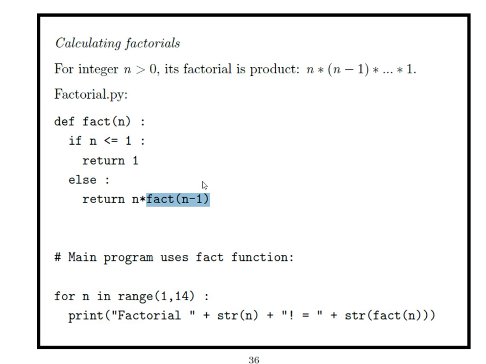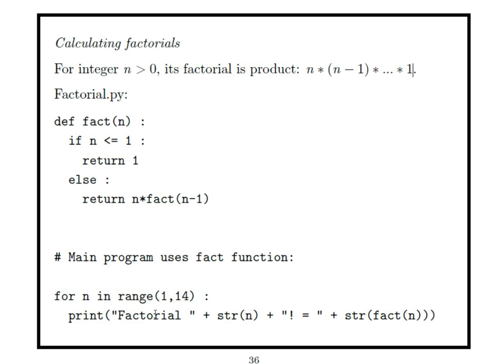So the end result of that is that we compute this product. As I say, there are more efficient ways of computing that product, but this is an illustration to show that you can do recursion like this, function calling itself. Now, the main program then can use that function in the same way that we used the previous example to determine whether a number was negative, 0 or positive.